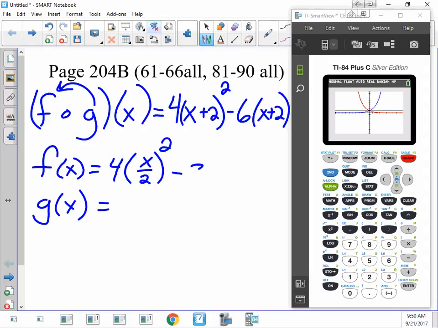I want 3x. So this one's kind of weird. It's actually going to be 2 times x plus 2.